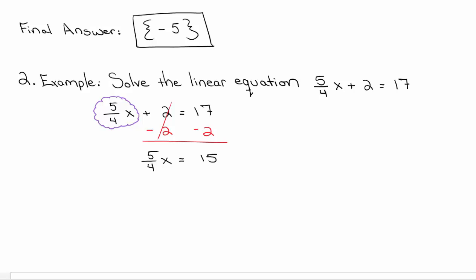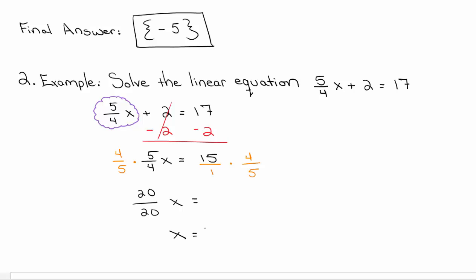Okay, now we're ready to isolate the x. So we are going to multiply by the reciprocal of 5/4. The reciprocal of 5/4 is 4/5. I'm going to write a 1 under the 15 so it's clear to me what is in the denominator. 4 times 5 is 20, and 5 times 4 is 20, which is going to leave me with a coefficient of 1x. 20 divided by 20 is 1, and I don't need to write down that 1.